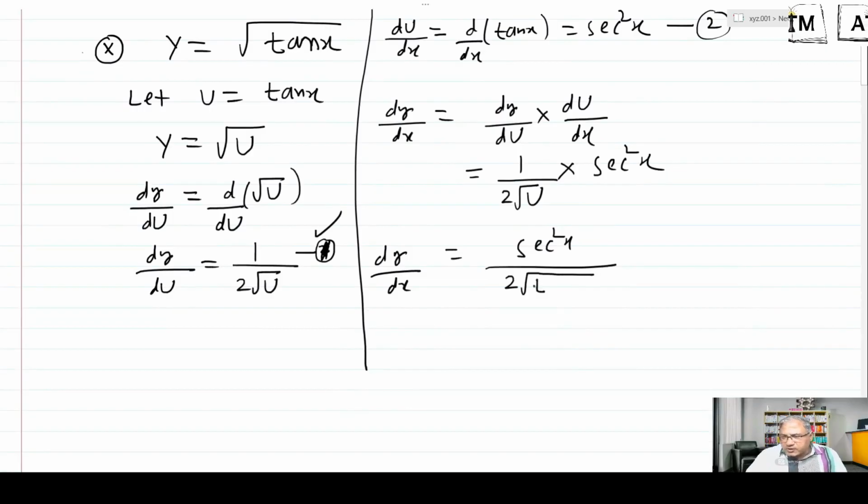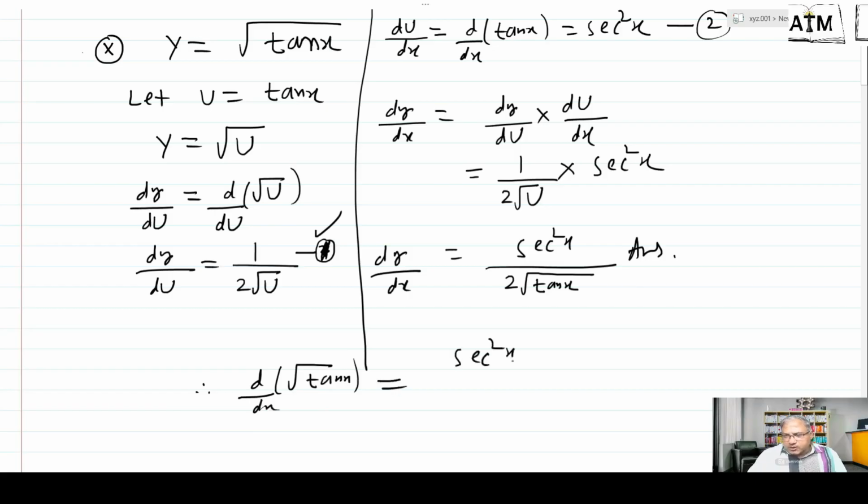Therefore sec square x upon 2 into under root of tan x. This is the result. Therefore, differentiation of root tan x with respect to x equals sec square x upon 2 root tan x. This is the answer.